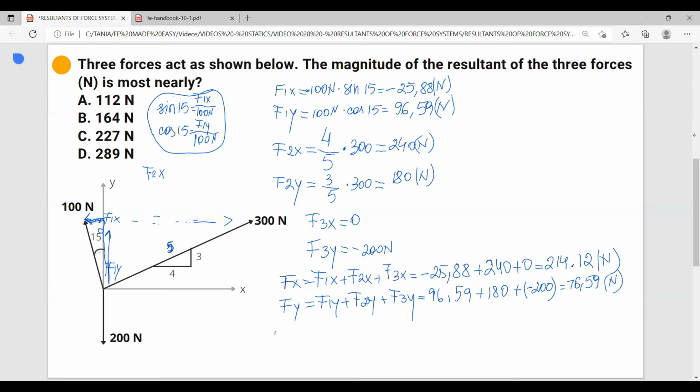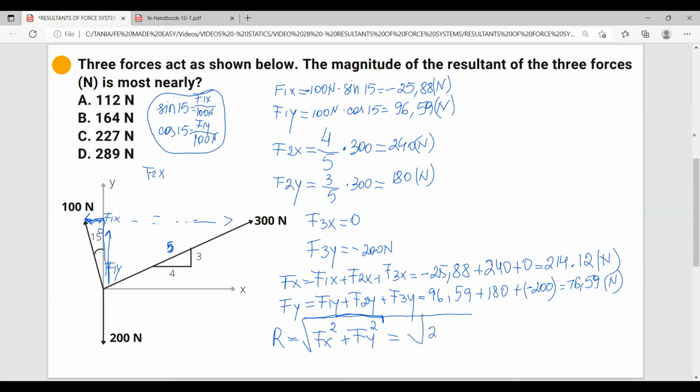Perfect. And now the resultant is equal to the square root of Fx squared plus Fy squared equals. This is just, I drew this line too long, so I was just closing it here. I don't want you to get confused. So let's replace what we know.